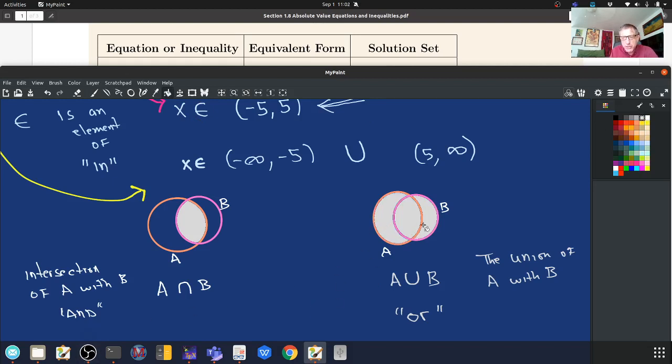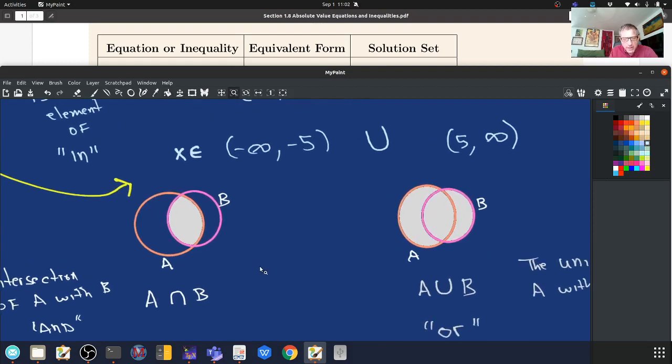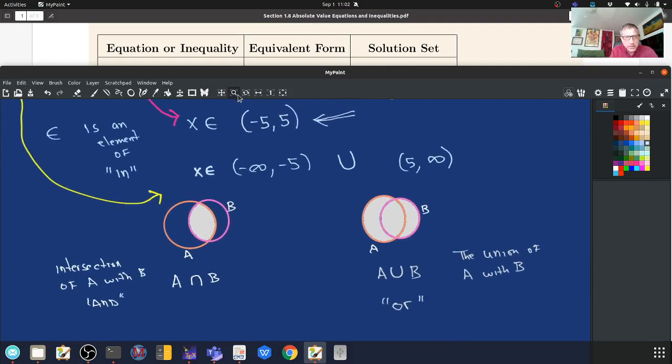So notice visually you can see that the union of two sets is almost always a larger set. If the two sets are distinct, it's always a larger set as long as B is not empty. The intersection of A and B is a smaller set than A or B, and indeed it could be that, let me give you this possibility right here. Oh wow, interesting.